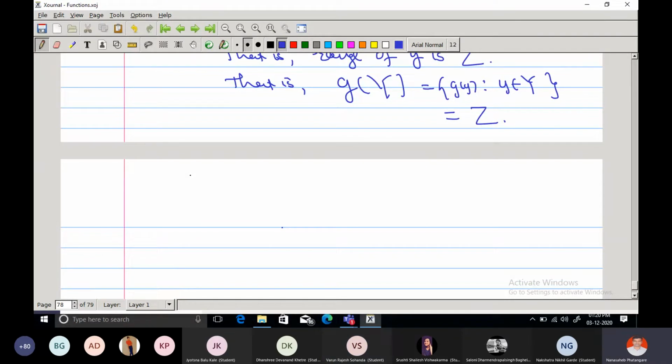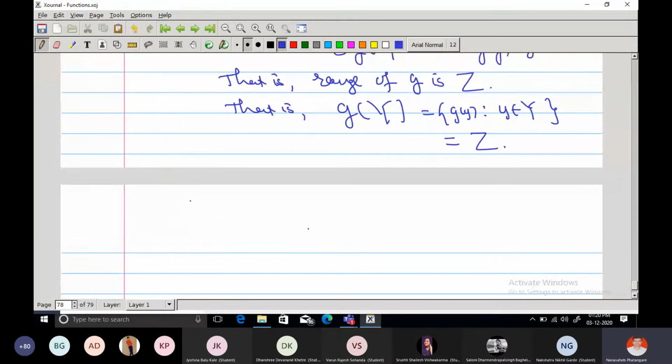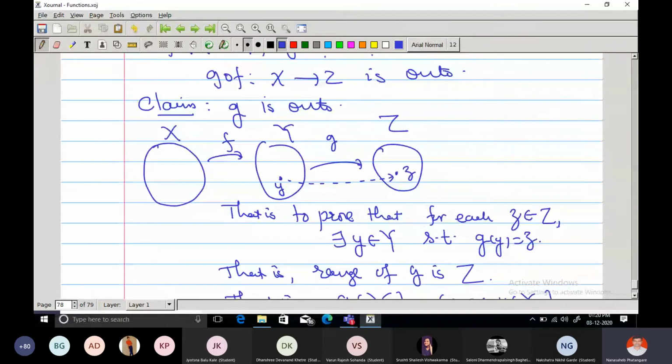What is the claim? Given that if you choose any element from Z, can you produce a pre-image in Y? That is the claim. That means how to start the process. If somebody asks you to prove that G is onto, how will you start? How will you ensure that G is onto? You will ask that he give me any element of Z, I will produce a pre-image in Y.